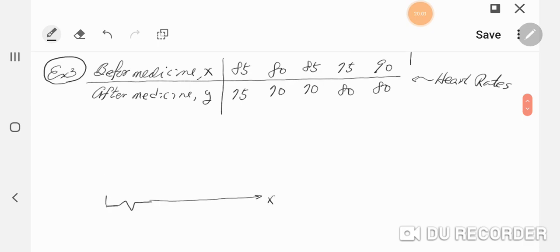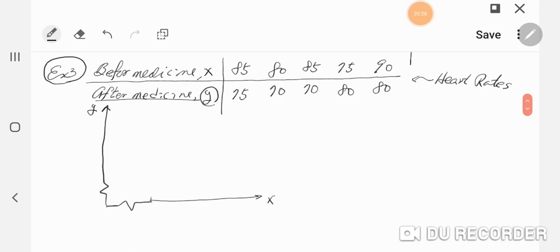And as you go up, cut the line and then go all the way up. So this vertical line is the heart rate after taking the medicine. Y is after taking the medicine, and x is before taking the medicine.